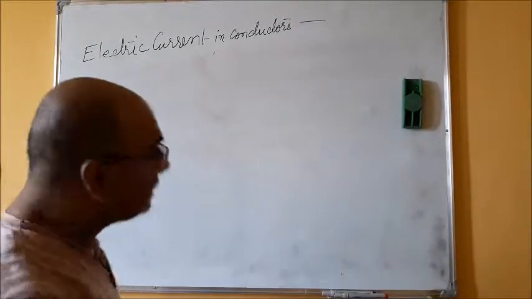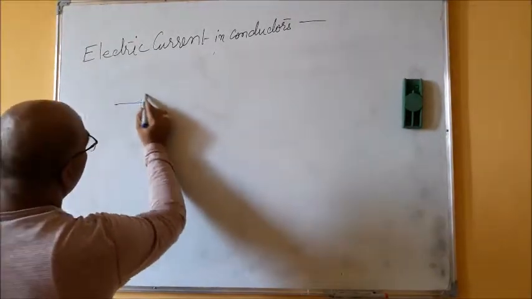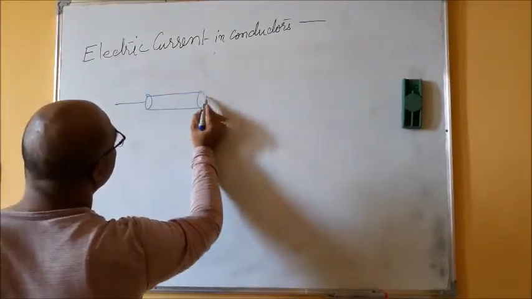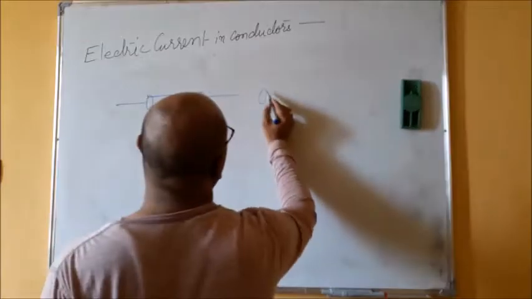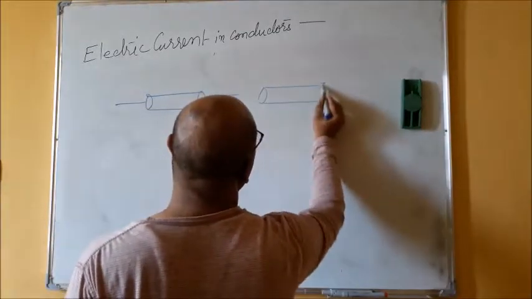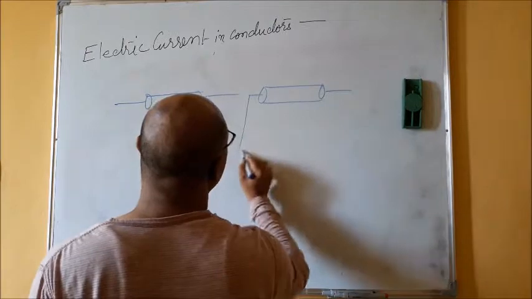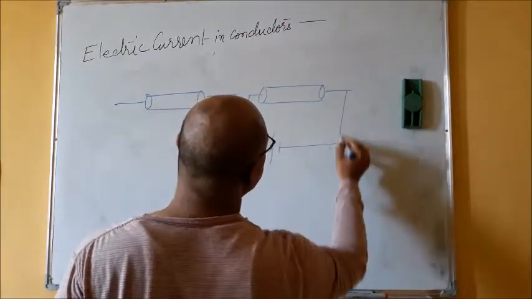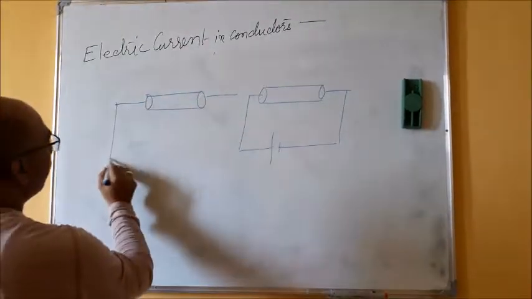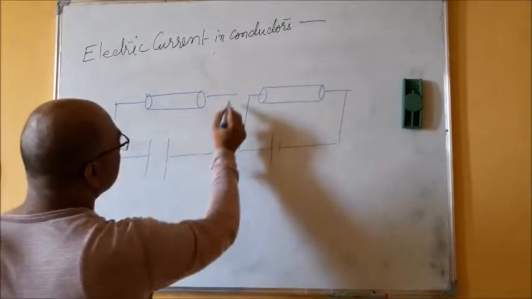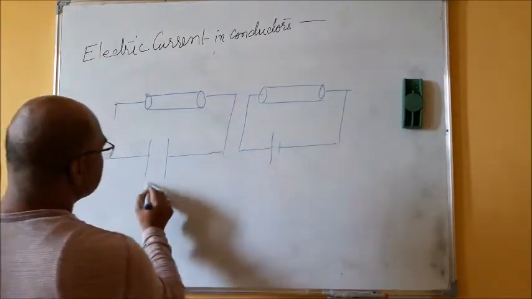Suppose for understanding this, this is conductor 1 and this is conductor 2. Here I am connecting this conductor with a voltage source, and here I am connecting with this capacitor.